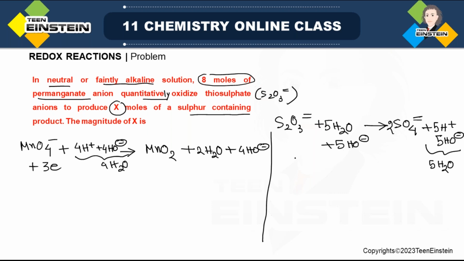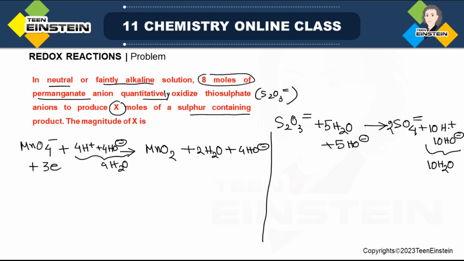Look at the negative charge. Total negative charge in the left hand side, 2 and 5. It is 5HO minus. Let me check once. 5H2, sorry, it is 10. This is also 10.